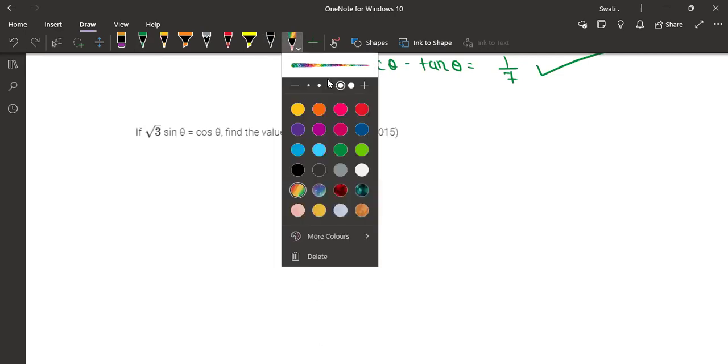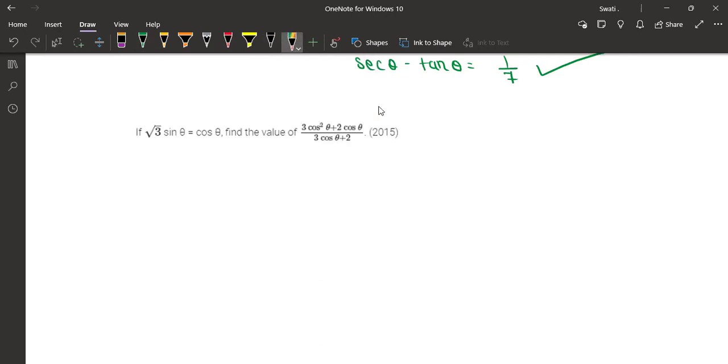So we are given, if root 3 sine theta is equal to cos theta, then we have to find the value of 3 cos square theta plus 2 cos theta upon 3 cos theta plus 2. Let's solve this. Again, here we are going to make use of the given information. So that is given, root 3 sine theta is equal to cos theta.